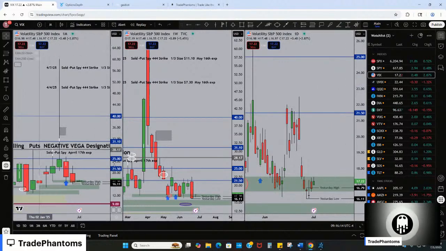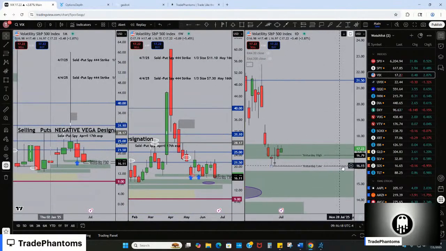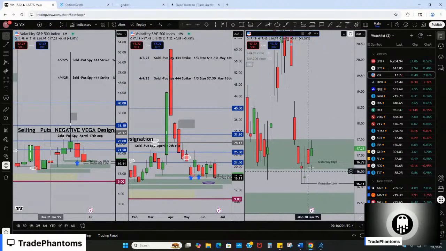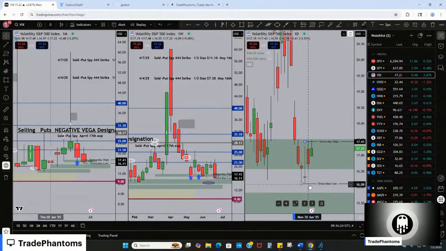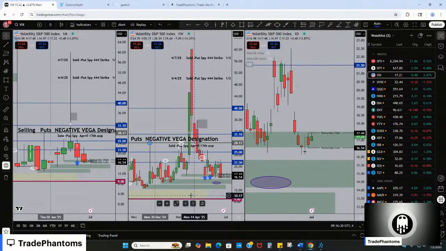VIX down, market up. VIX up, market down. Inverse correlation. A lot more to that, but to keep it simple for right now, yesterday's high, yesterday's low. VIX, we're painting a 17. VIX, market at all-time highs.